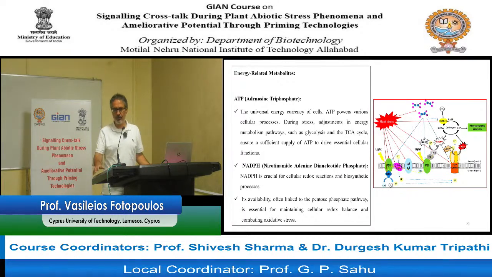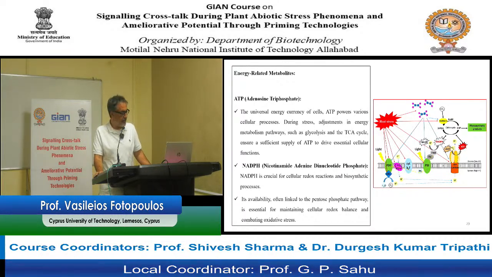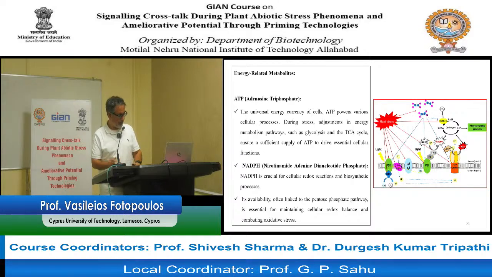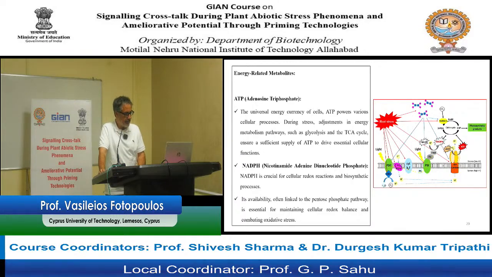So then we talked about energy-related metabolites. One case was, of course, ATP, which is the universal energy molecule of cells, because it powers a multitude of metabolic processes. During stress, adjustments in energy metabolism pathways, such as in glycolysis and the TCA cycle, ensure a sufficient supply of ATP to drive essential cellular functions.